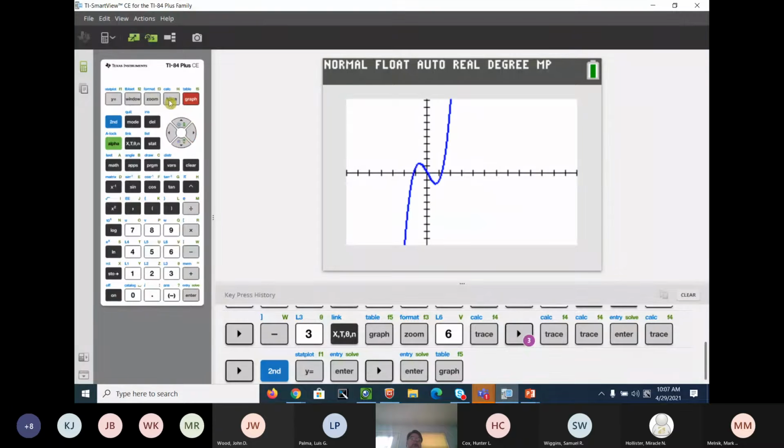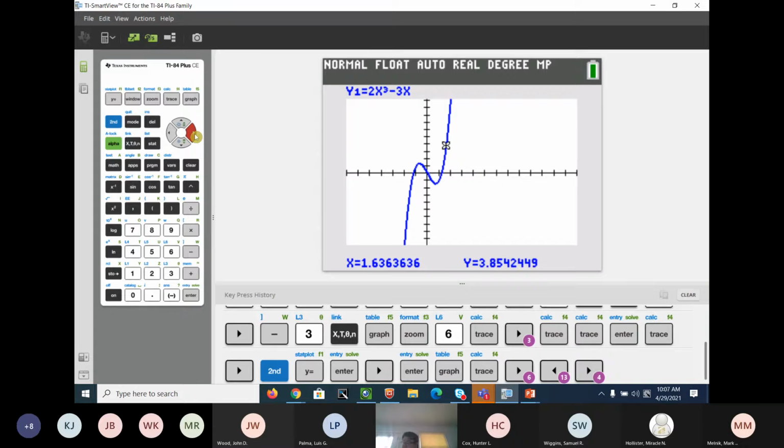And trace. Where in the heck is my little cursor? All right, so that's about what, 1.8, so 2, yeah, we're good.